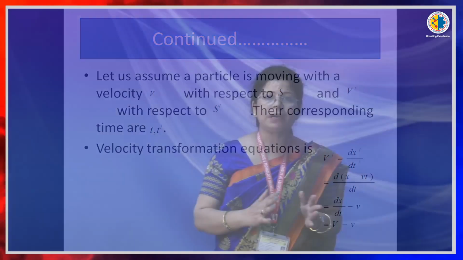So, if this particle is moving then obviously it has velocity and then we get the velocity transformation equation. Now, the velocity of the particle with respect to S frame, that is the rest frame, is considered as capital V and with respect to S dash frame it is considered capital V dash. Now, we are going to find a relation between capital V, capital V dash and small v.